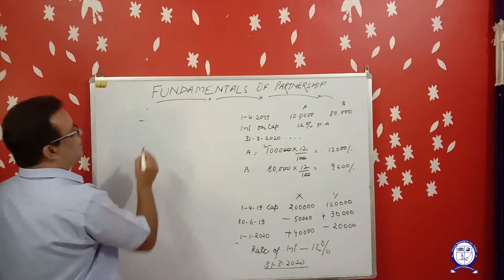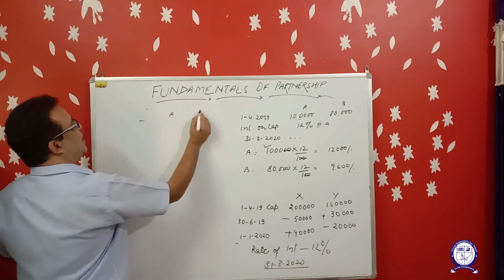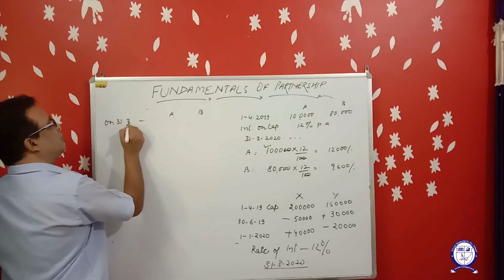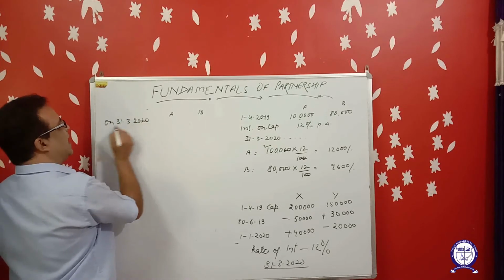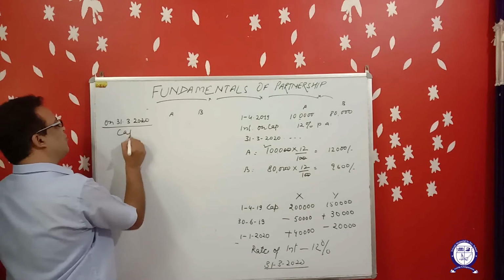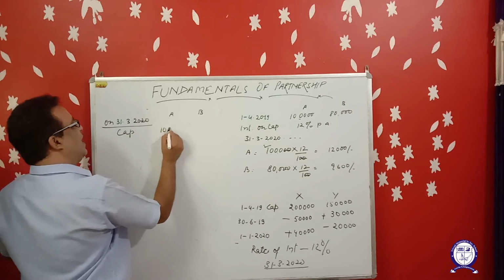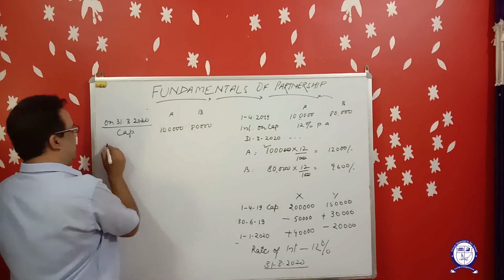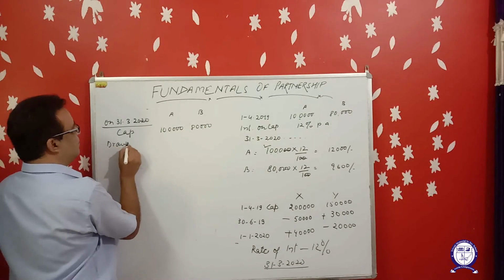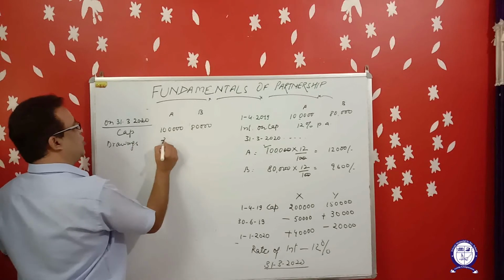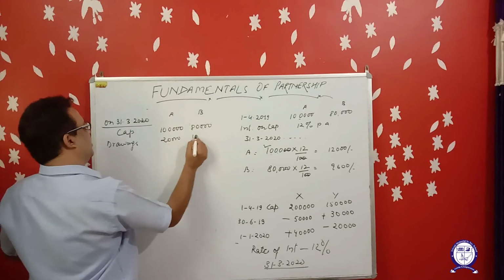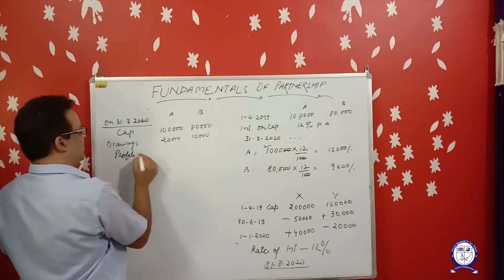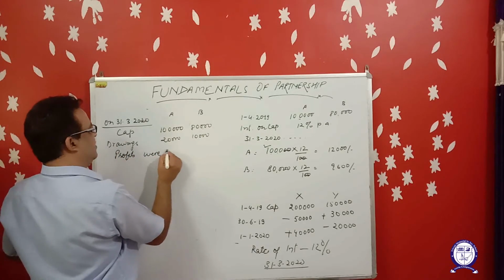Let us take an example. Suppose there are two partners. On 31st March 2020, at the end of the year, the balance of capital is given 1,80,000. Drawings during the year were 20,000, 10,000. Profits were rupees 60,000.